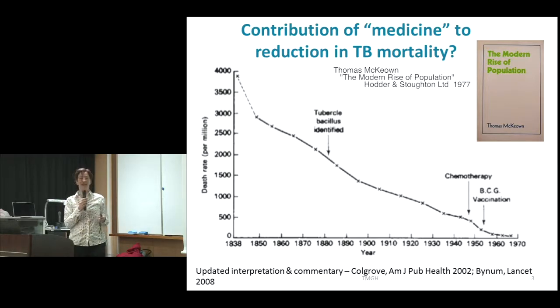So if we think about TB, one thing you might know about TB is that living in close confined space is a big risk factor. But this is during the Industrial Revolution in the UK. So do you think people are going to be living in better conditions during this period in terms of housing density and quality of housing?